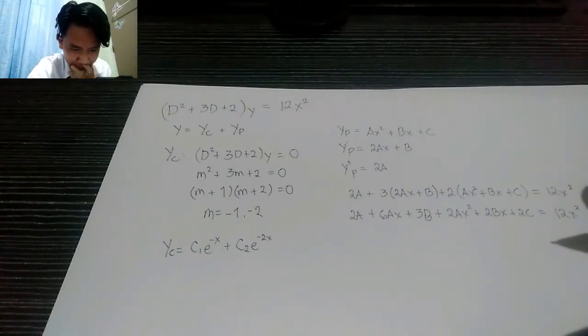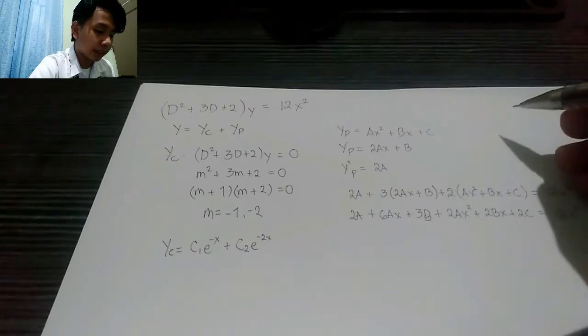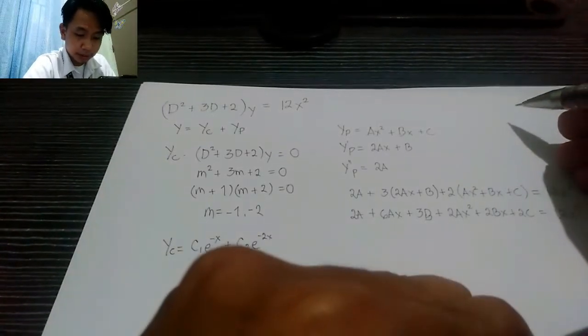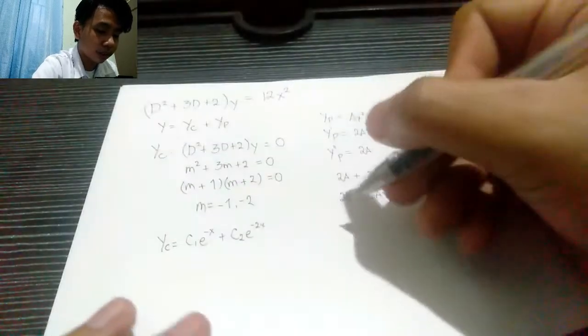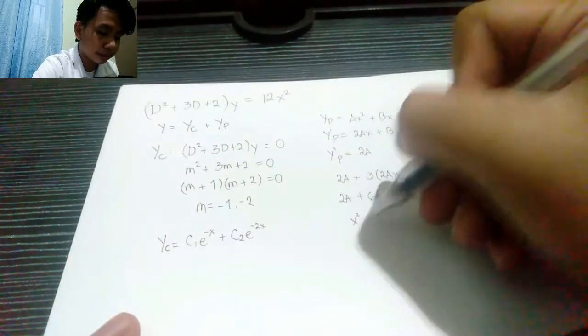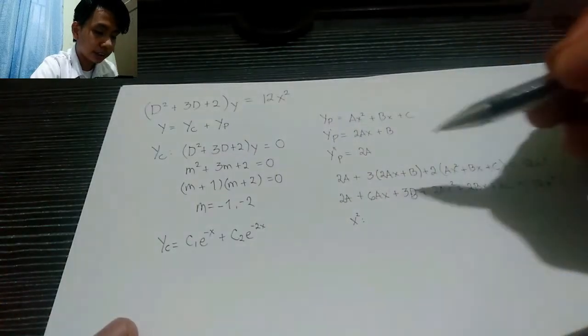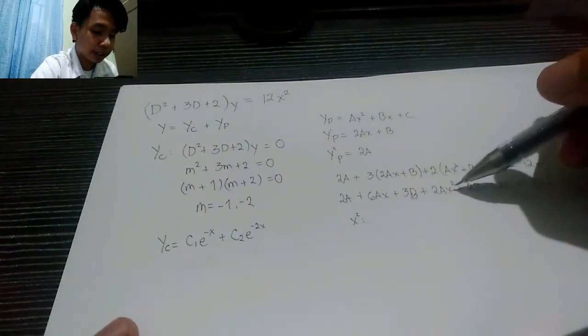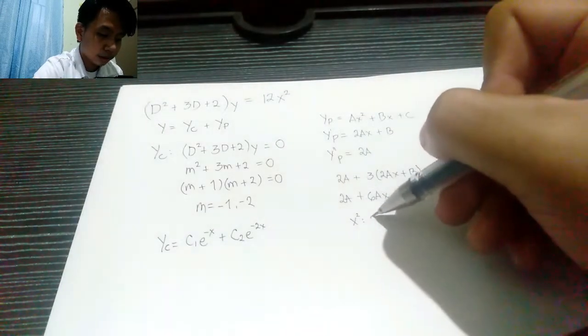Ayan. Then next, gamitin natin yung equating coefficients. So una, kunin natin yung mga coefficient ng x squared. So dito, 2a, 6ax, 3b. Ito, 2ax squared, 2a.